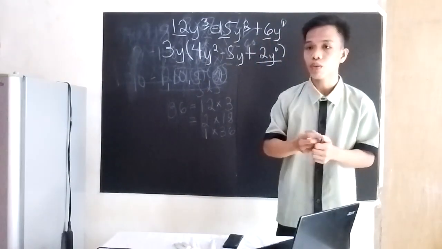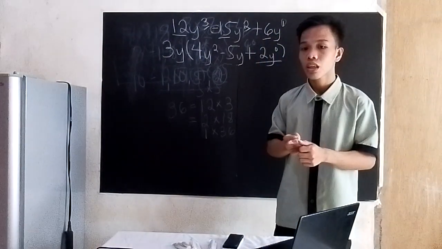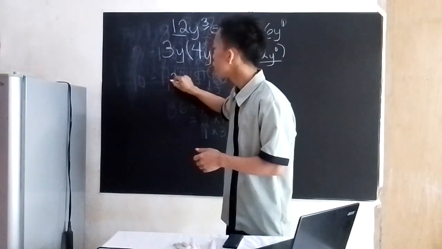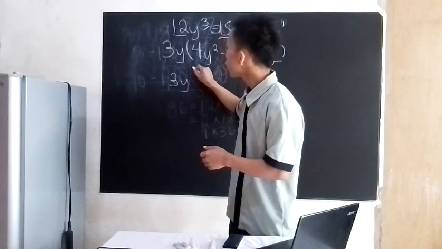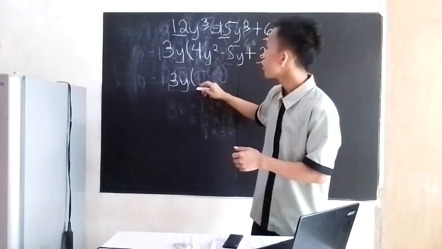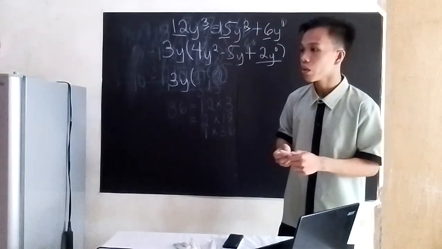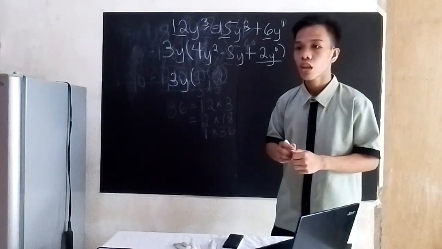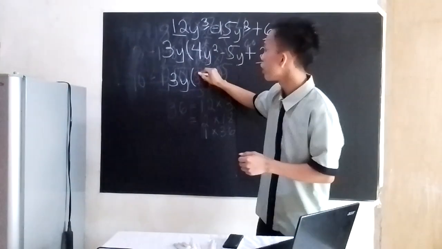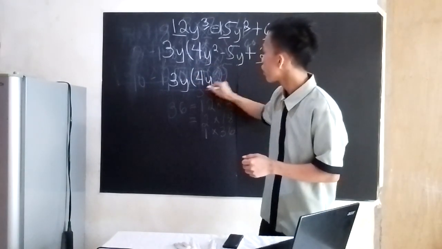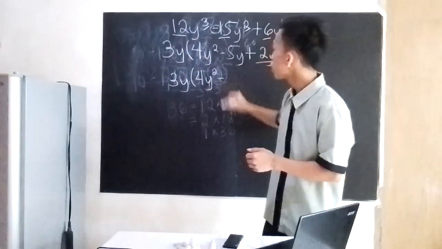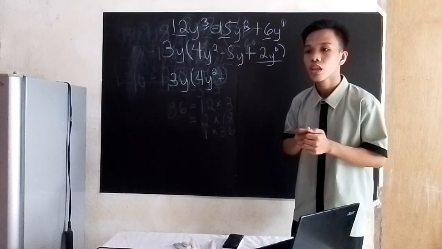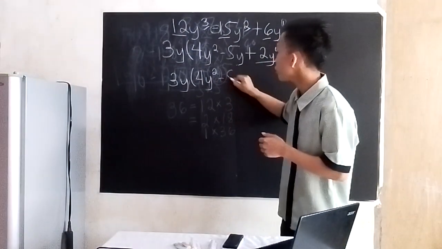So the first thing that we need to do is copy the multiplicand, 3y, multiplied by. Also, can we simplify 4y squared? No, so we are just going to copy that. Can 5y be simplified? No, so we are just going to copy that also.